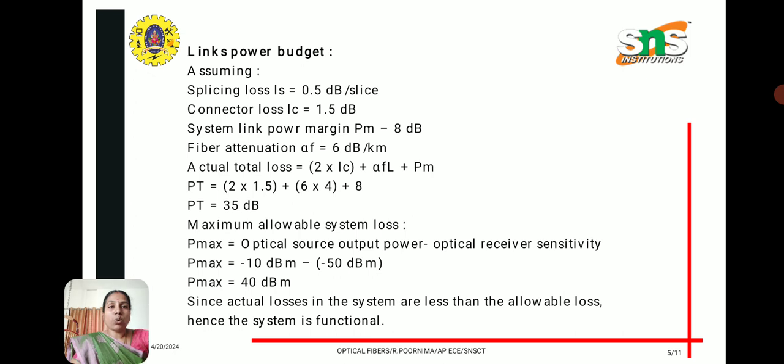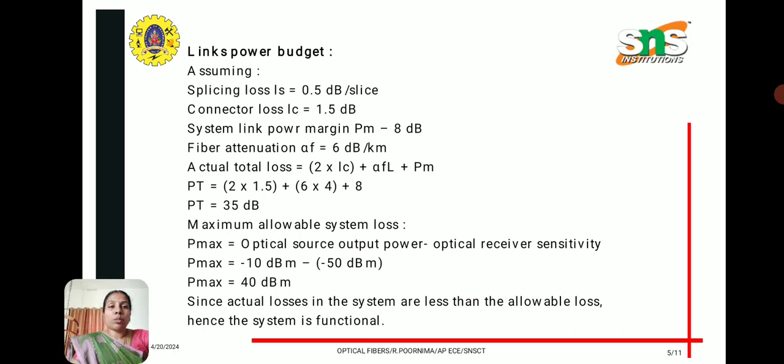The actual total loss is calculated using connector loss plus attenuation plus power margin: 2 multiplied by the connector loss, plus alpha which is 6 times L, plus PM, the power margin. So this is the actual total loss, and the answer is 35 decibels.